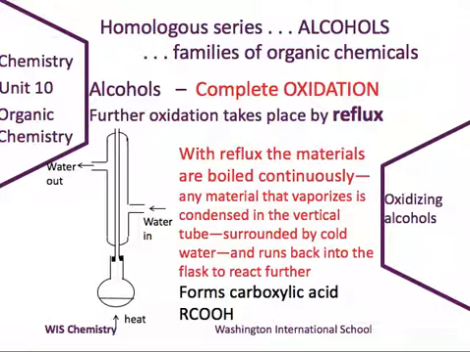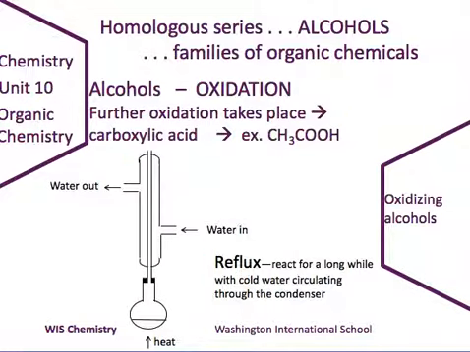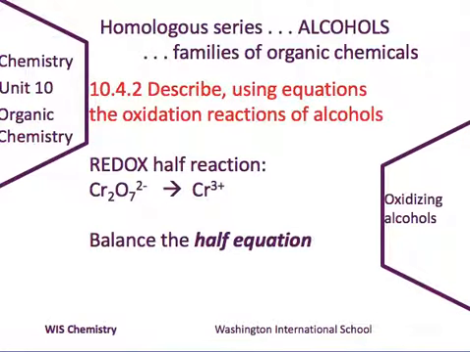The condenser is positioned vertically, so any ethanal that was produced, or indeed any unreacted ethanol that goes vertically up, will condense and run back down to be in contact with the oxidizing agent more. That's called reflux. And you just have cold water circulating in the jacket around the tube.